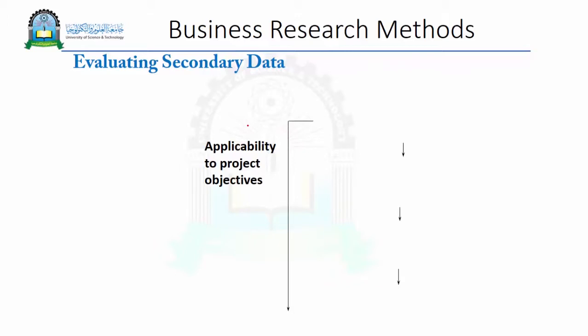Okay, how can I evaluate the secondary data? If I am forced to use secondary data, I need first to evaluate these types of data, to make sure that they fit my research problem and my objectives, and also double check the accuracy of these types of data.